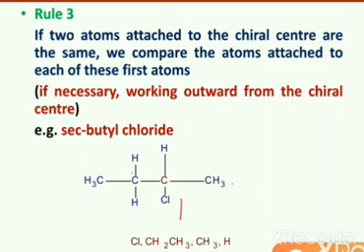In the methyl group, we have 3 hydrogens attached to the carbon, but in the ethyl carbon there are 2 hydrogens and 1 carbon attached to this carbon, so we can give the next priority to this carbon, and next will be this, and the last priority for the hydrogen.